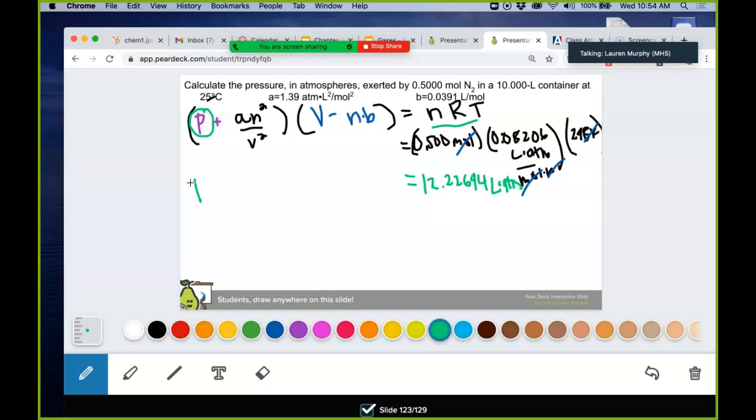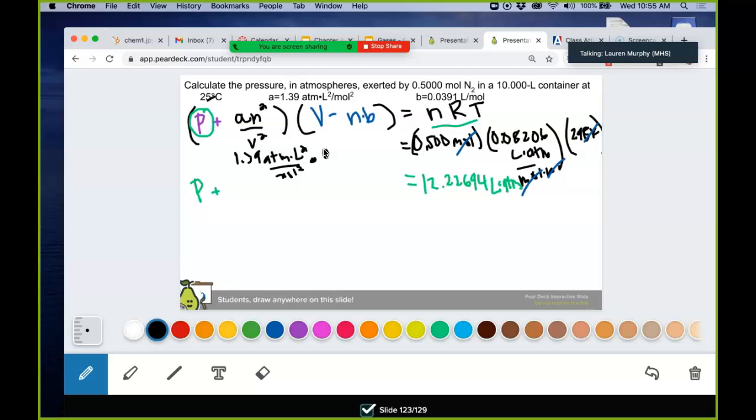So I have pressure plus, let's just do this term. So A is right here. It's this constant. 1.39 atmospheres times liters squared over mole squared. That's just A. Multiplied by N. N is moles.